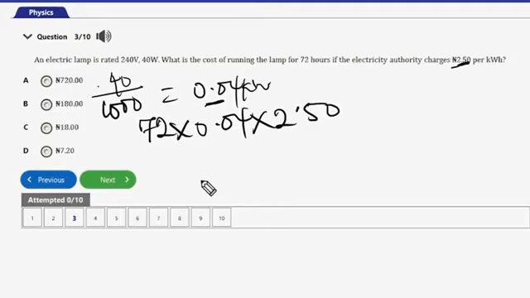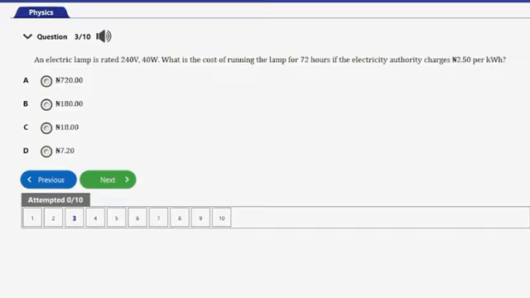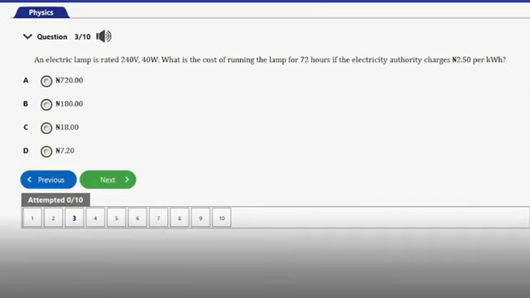And guys, when we multiply all these together, we're going to have 7.20. So that will be option D here. So we have 7.20 naira here as the total charge. So that's it for this question. Let's go ahead and wipe this, and let's consider the next question, guys.